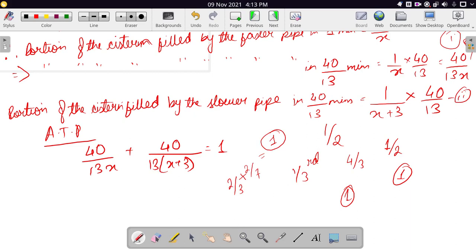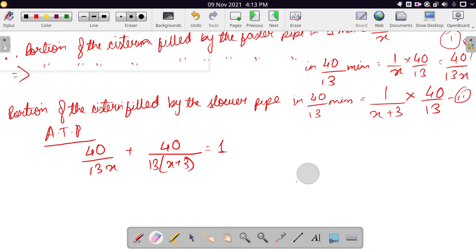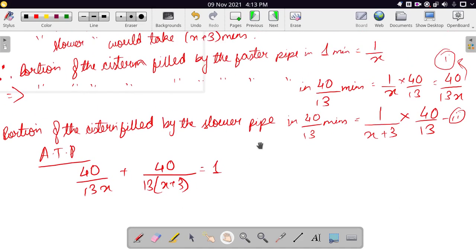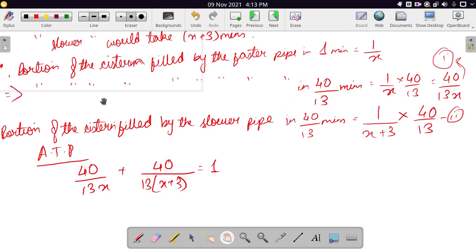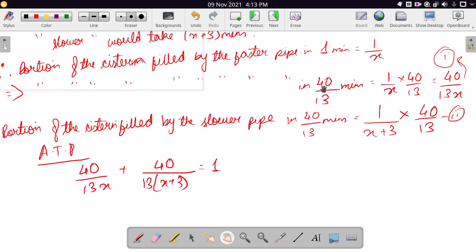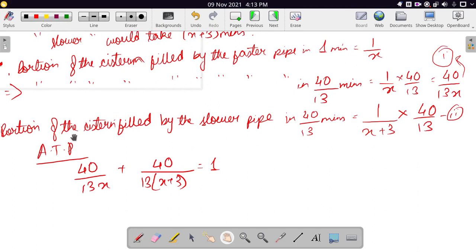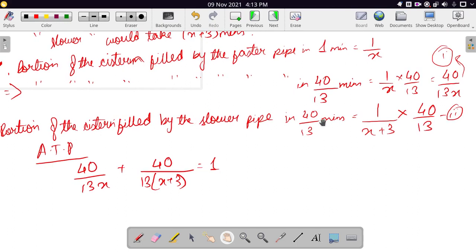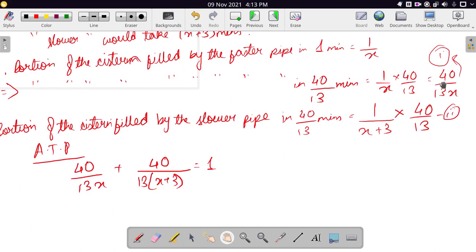So here exactly it's the same thing. First we consider the portion of the cistern filled by the faster pipe in this time. Portion filled by the faster pipe is this. Now portion of the cistern filled by the slower pipe in this time, it's this. So this plus this is the portion of the work done.